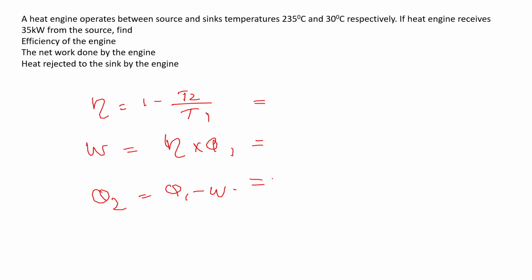How much are you getting for the efficiency? Efficiency 0.403. And what about the work done? 14.12 kilowatts. Okay, correct. And the Q2 value? 20.88, that is 35 minus 14.